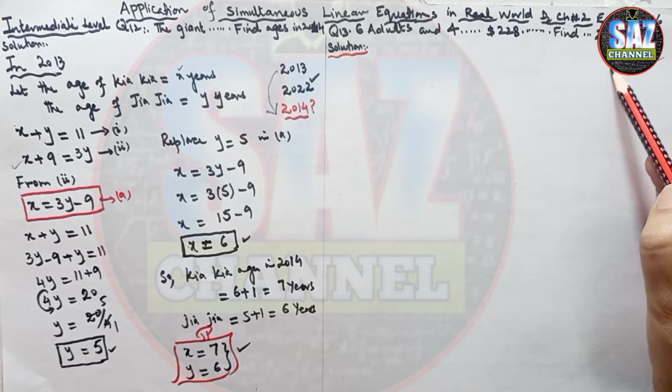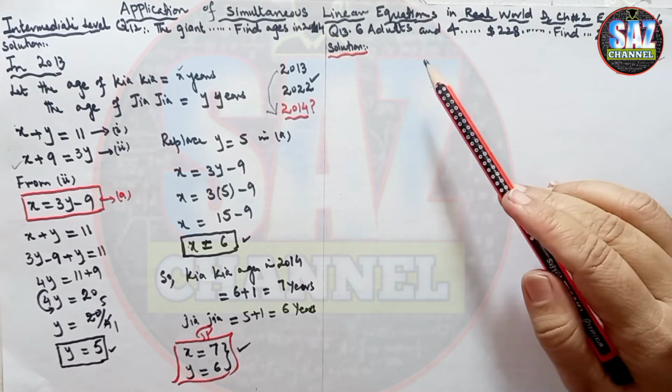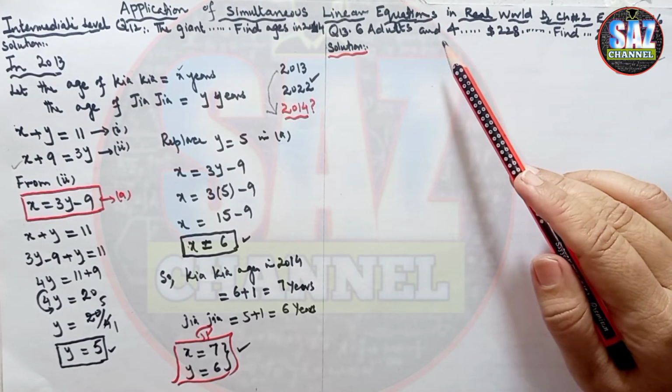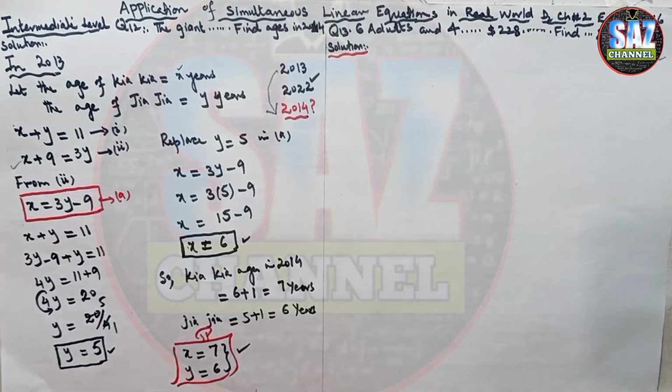The answer of the last part depends upon the solution of the simultaneous equations which are given in the problem. So first of all, we have to translate the given information in the form of simultaneous equations.